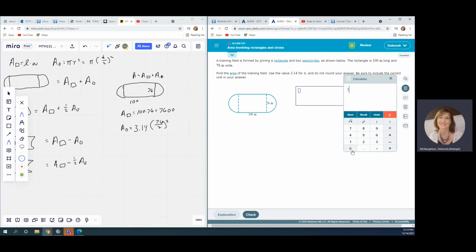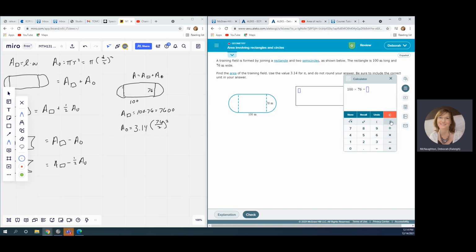So I can go 100 times 76 minus, and it'll do the order of operations correctly. So I just want to show you guys that it does work. 100 times 76, that's the rectangle.